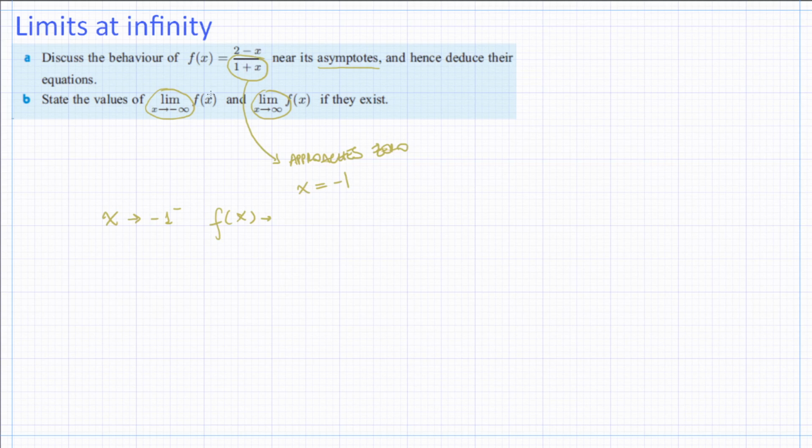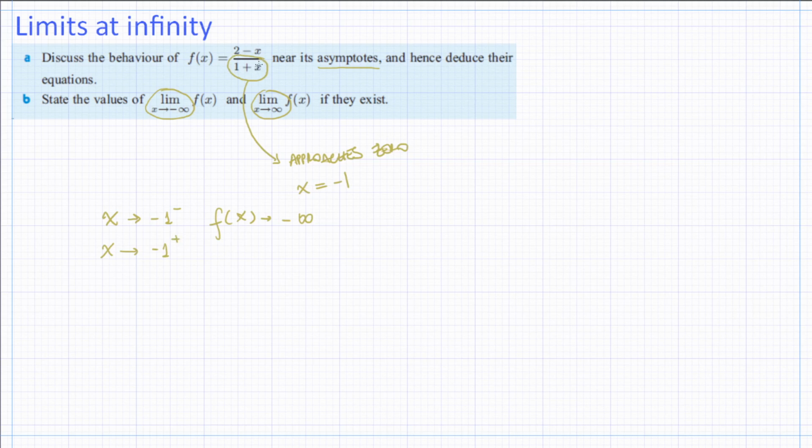But when I approach from the left, the denominator will be negative. So I am approaching infinity, but I'm approaching negative infinity because the denominator will be negative. If, however, I approach this same point from the right, the denominator would be positive.